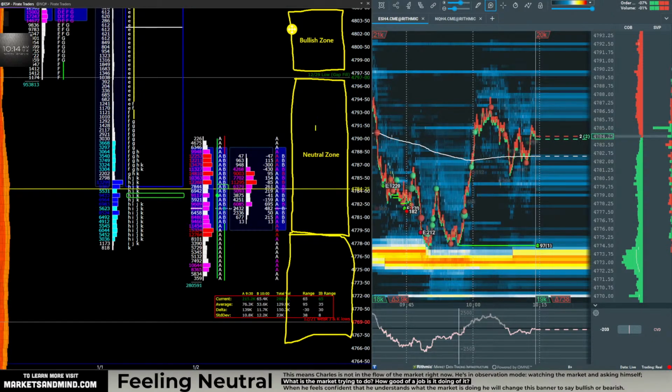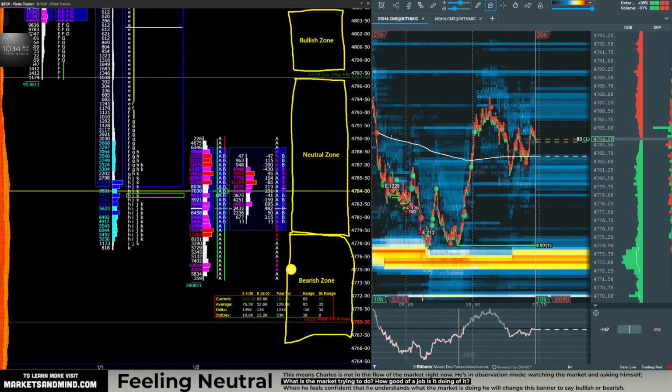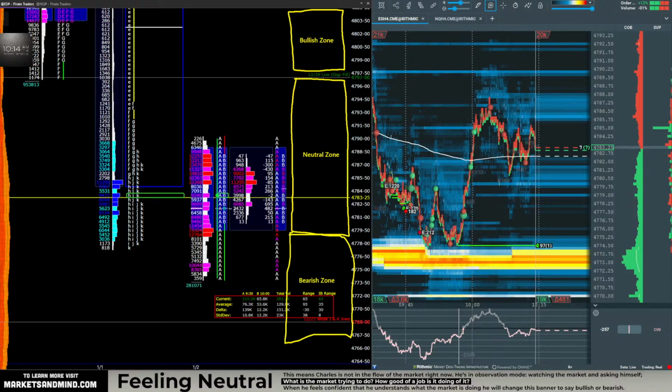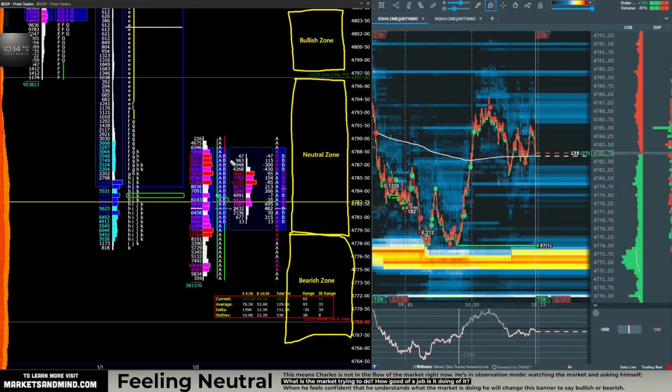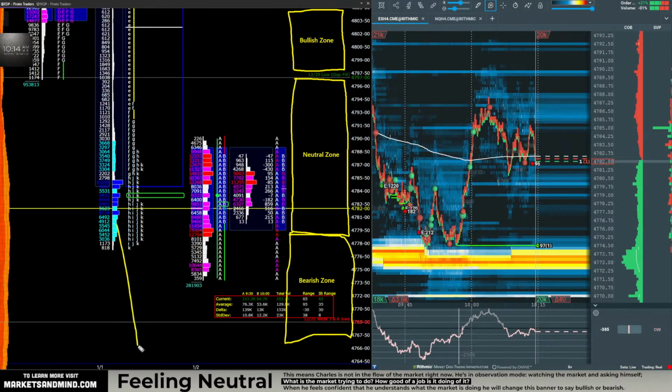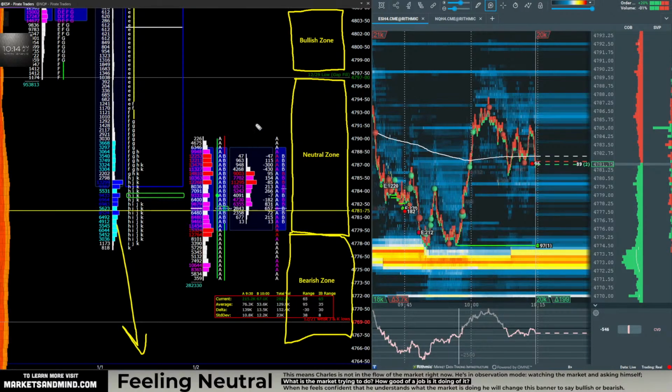Bullish. All right, so as this tug of war continues and the market tries to decide what it's going to do today, are we heading straight down for that balance area low, or are we going to go sideways today?